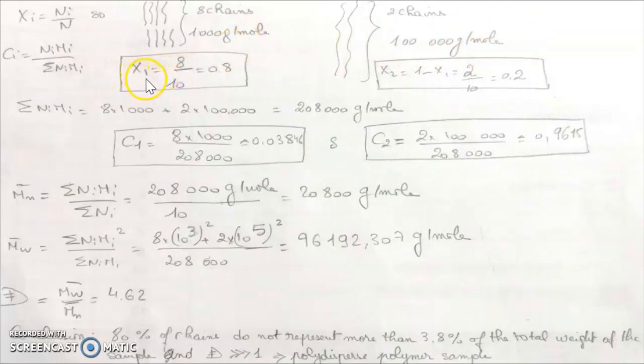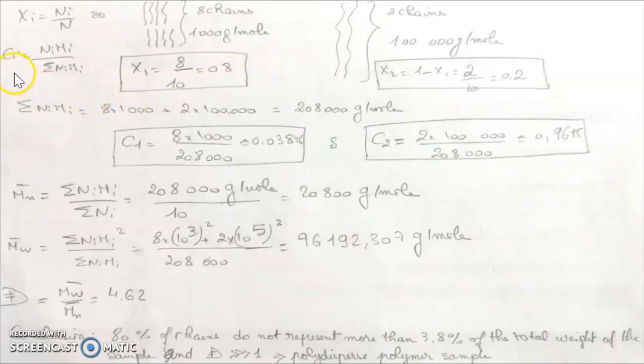If I want to calculate the fraction in number for the first family, the first number of chains is equal to 8, here I have 2, so the total number of chains is equal to 10. The fraction of family 1 is 8 over 10, so 0.8. The fraction of the second family is 2 over 10, so 0.2. 0.2 plus 0.8 is equal to 1.